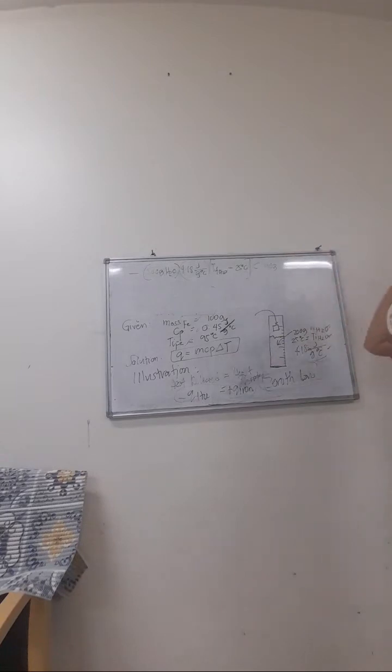Specific heat capacity of iron, 0.45 joules per gram degrees Celsius. Now, final temperature of your iron, T_f iron, minus initial temperature of your iron, which is 95 degrees Celsius, right? Celsius is the same as centigrade.